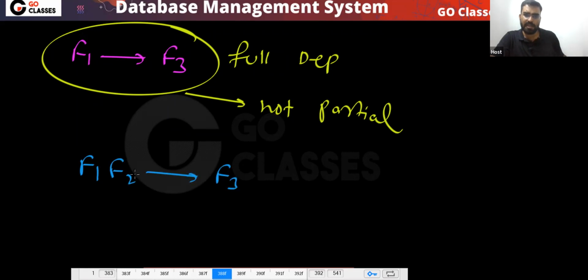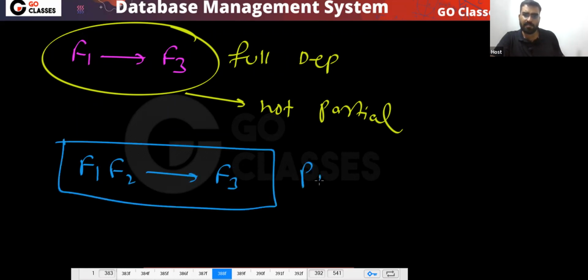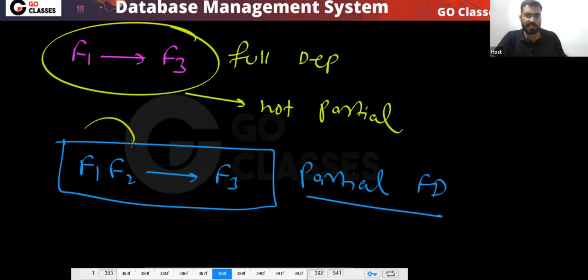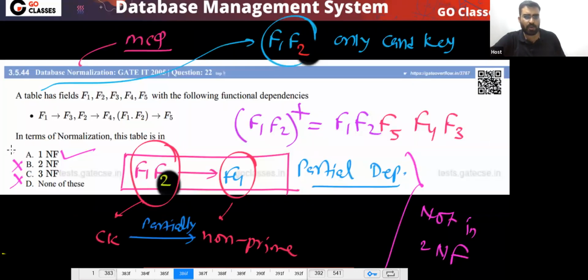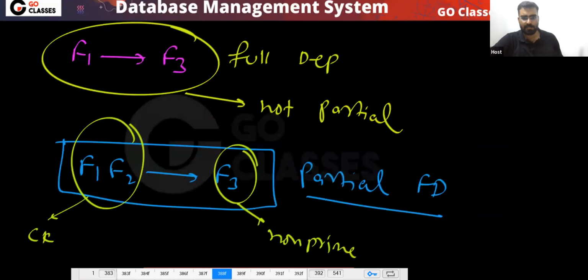F1, F2 determining F3 is partial, where F1, F2 is the candidate key, and F3 is a non-prime attribute. Okay, is this clear? So this type of partial dependency is the problem. So for this question, the answer will be option A.